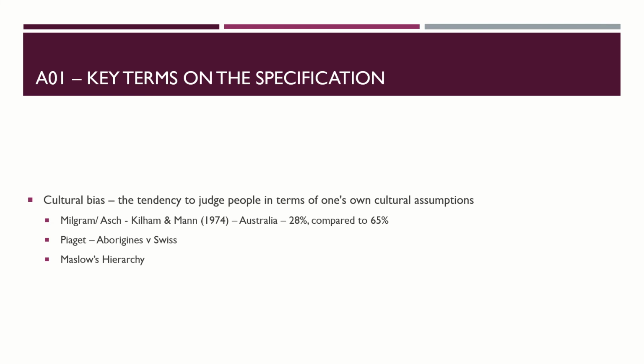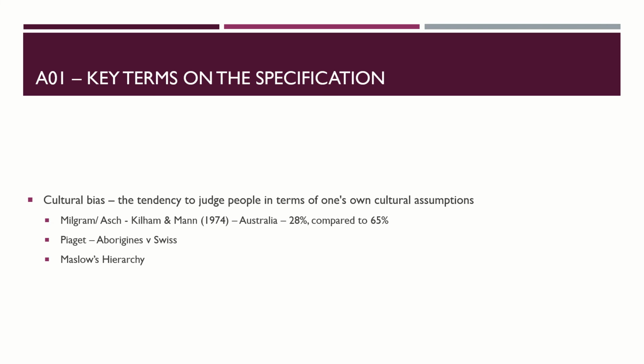However, the same psychologist found that spatial awareness developed much earlier amongst Aboriginal children than Swiss children, and that demonstrates that development is not only based on biological maturation, but also on cultural factors too.